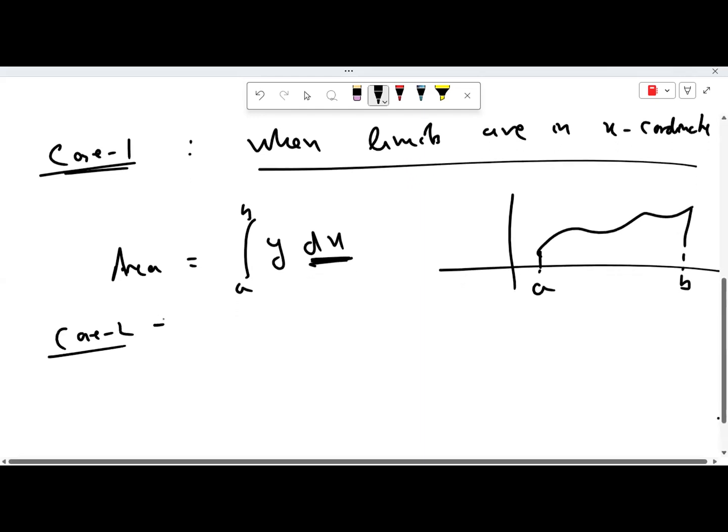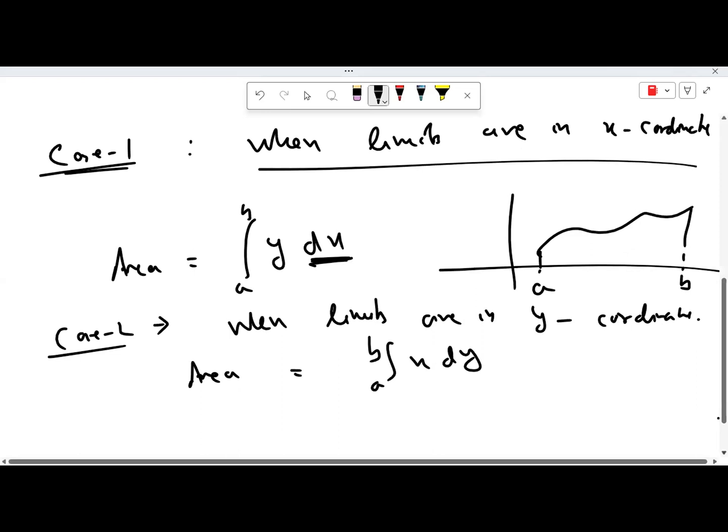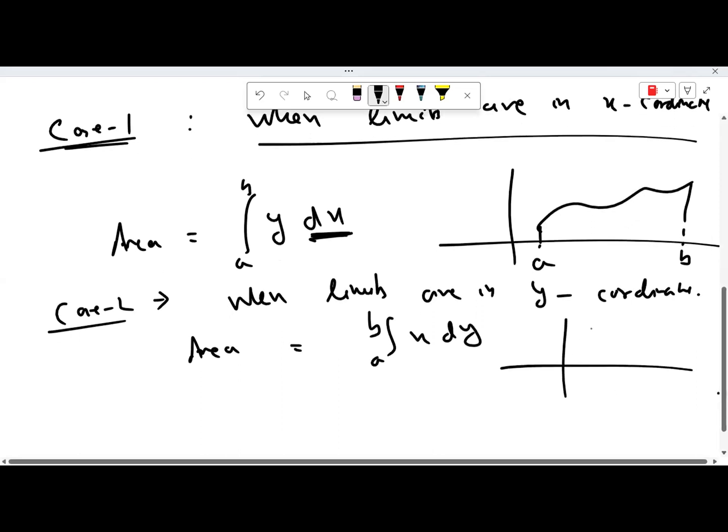Case 2, when limits are in y coordinate, then area will be integration from a to b of x dy. The graph will be like this.